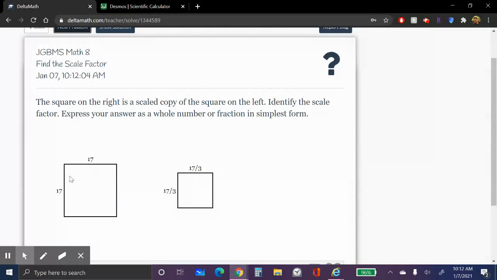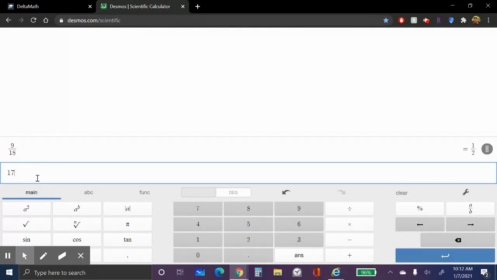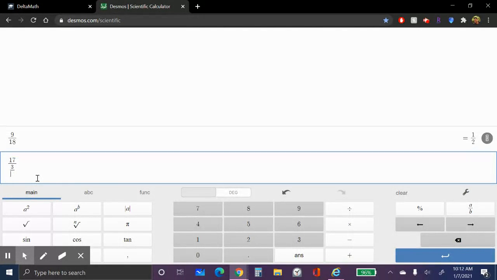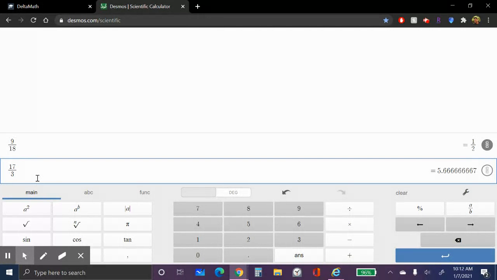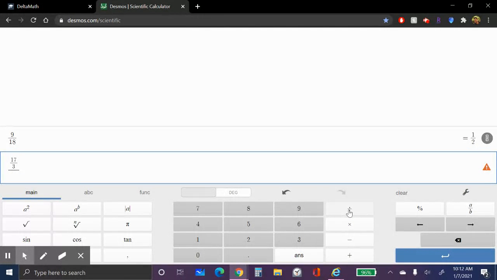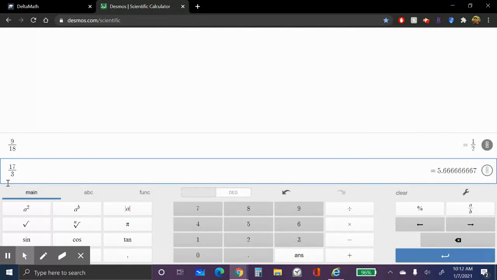Okay, right here. This one became smaller, and this one actually is a square, so they're all corresponding sides. It became smaller, so you take the dilated figure, 17 thirds, and you divide that by 17. Notice what I did before: you can't just use the slash symbol because it'll only take the bottom number.